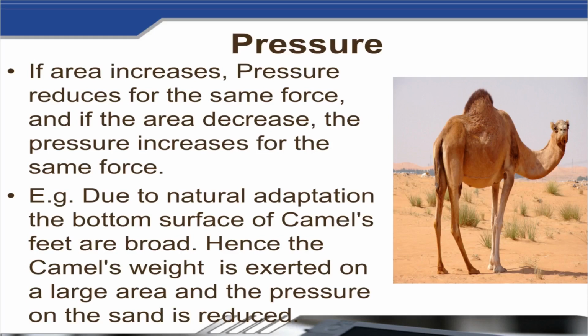Hence, the camel's weight is exerted on a large area and the pressure on the sand is reduced. So a camel can easily walk in the desert, but a dog, lion, tiger or leopard is not able to walk in a desert.